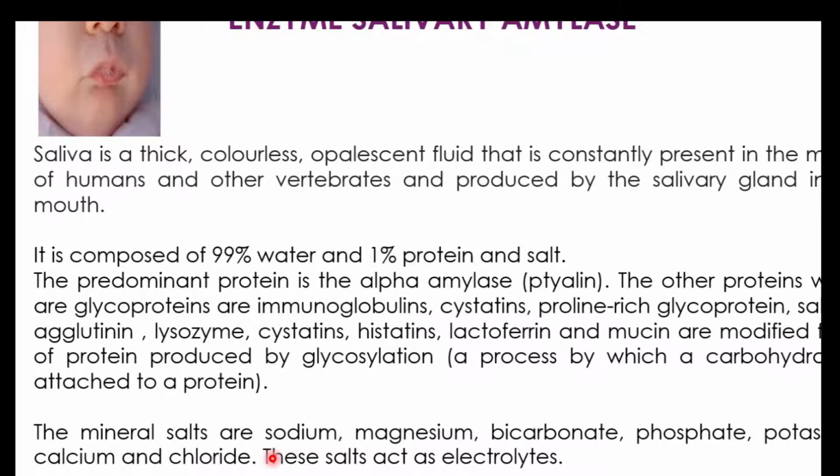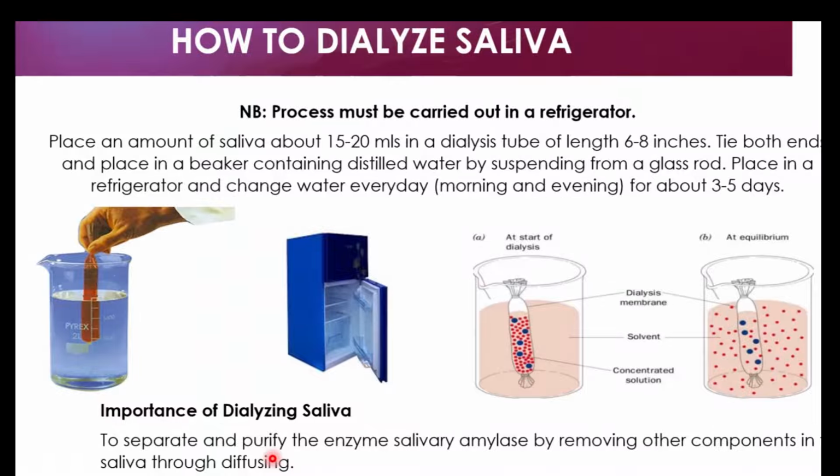How to dialyze saliva. One key thing that we have to note is that the process is carried out in a refrigerator. So to dialyze saliva, you place an amount of saliva, about 15 to 20 mLs, in a dialysis tube of length 6 to 8 inches.